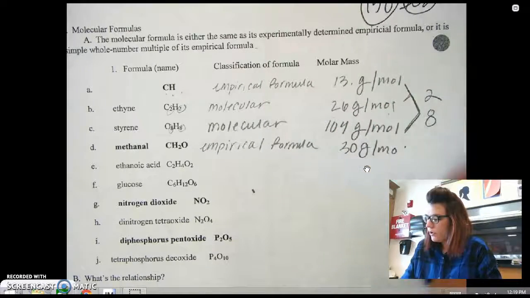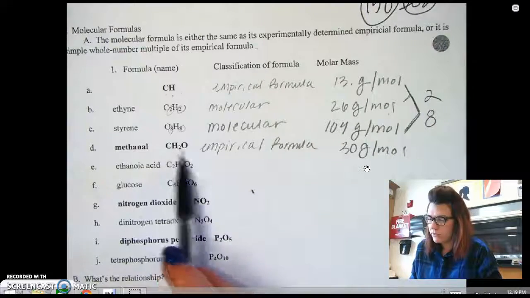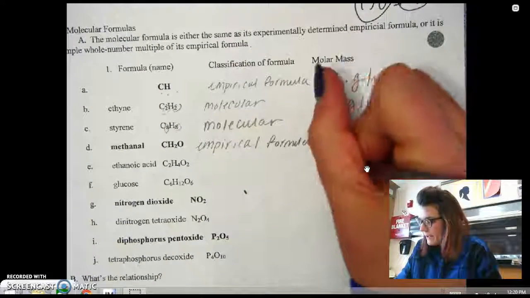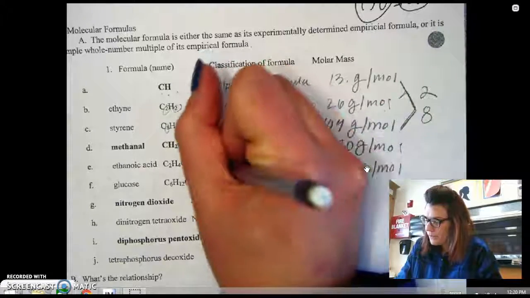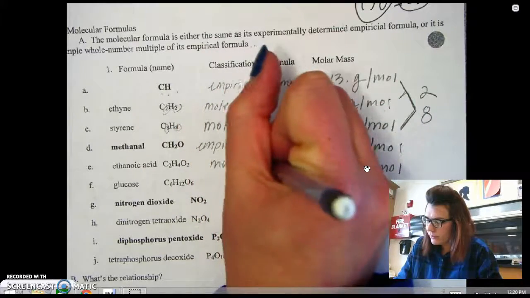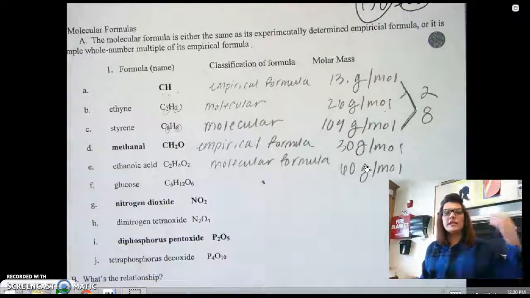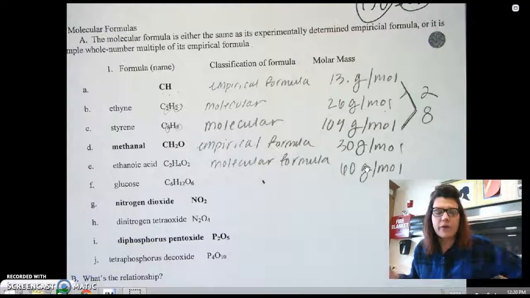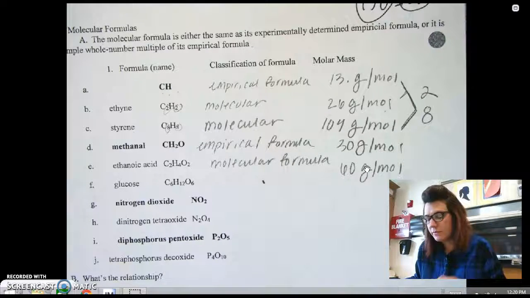And if I look at ethanoic acid, it is a double multiple of these, which I would then assume is going to be multiplied by 2, and its molar mass would be 60 grams per mole, making this a molecular formula. Okay, so you can see to get from empirical to molecular formula, we're just multiplying the masses by whatever the whole number ratio is to get from the empirical to the molecular.